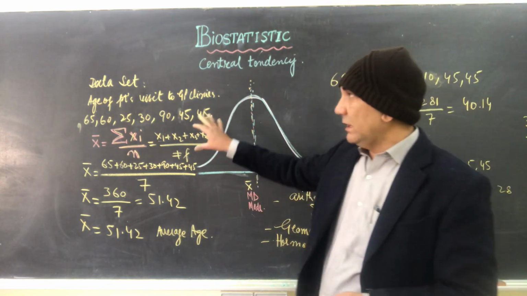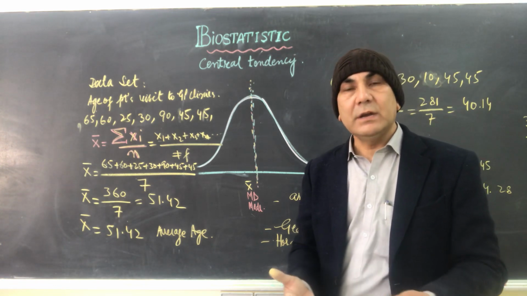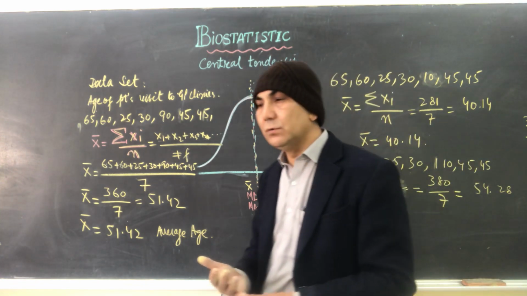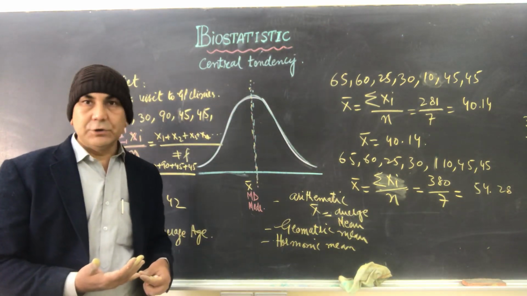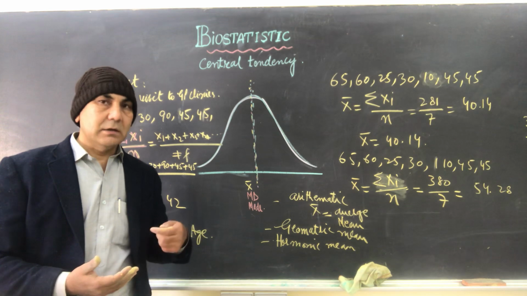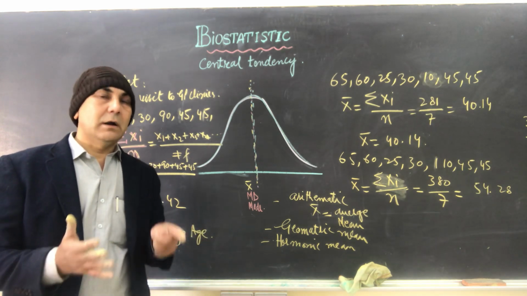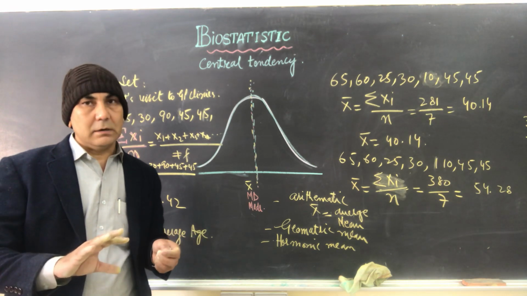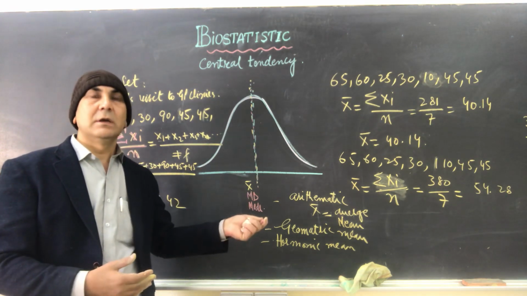The mean is the average of the data set, and it is used for discrete and continuous variables. But it is not used for nominal and ordinal data. If you convert the nominal and ordinal data into numerical form, then you can measure the mean.